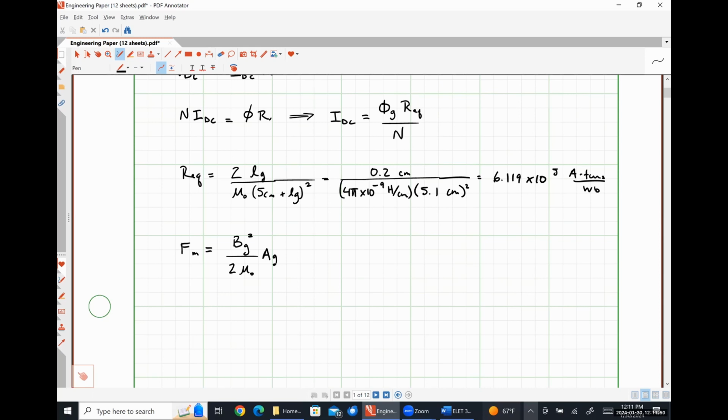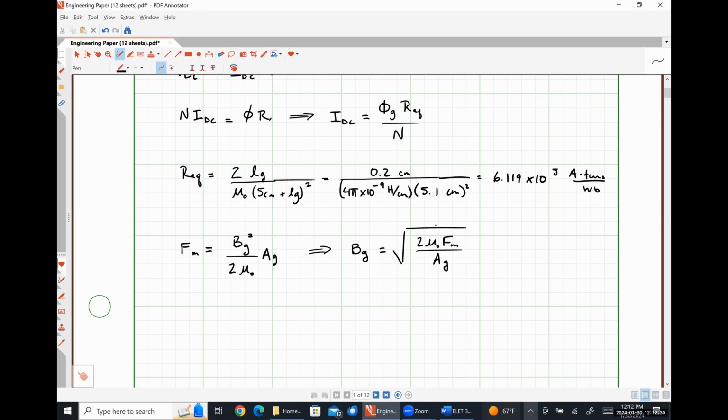So can anybody, before I use this, verify that this expression is correct? Okay. So I could rearrange this and say that BG, the magnetic flux density in my air gap, is going to be equal to the square root of twice mu naught FM divided by AG, like so.